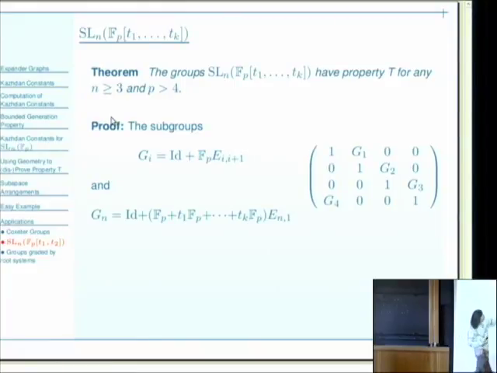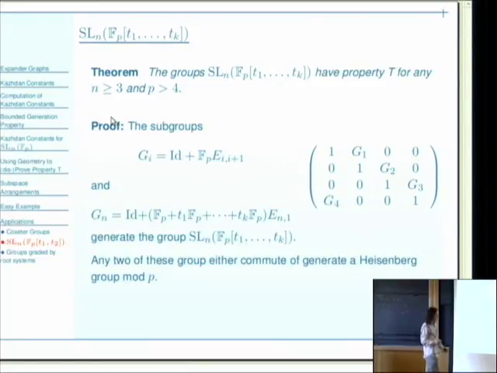G1 is all the elementary matrices with multiples of 1 here. G2 is multiples of 2 here, and so on. The only different thing is that in the last group you allow not only multiples of 1, but multiples of the generators also. These generate the group. There are a bunch of finite subgroups, so you can talk about relative Kazhdan constants. You can estimate them.